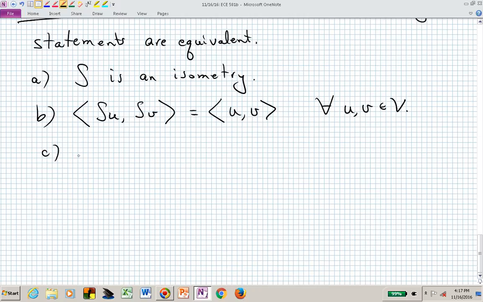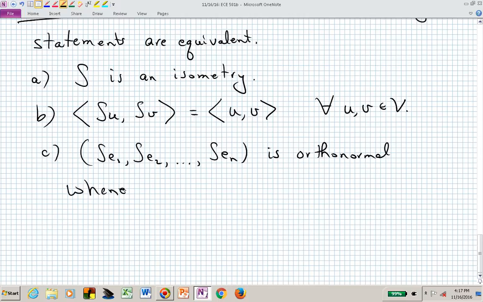One such statement, C, is that S applied to E1, S applied to E2, through S applied to E sub n, that set of vectors is orthonormal whenever the first set of E's, E1, E2 through E sub n, is orthonormal.